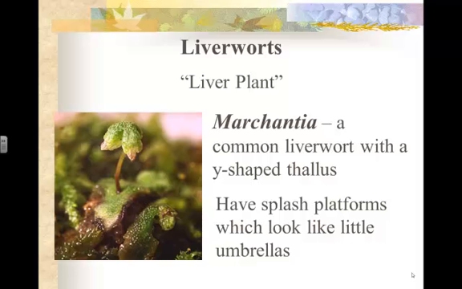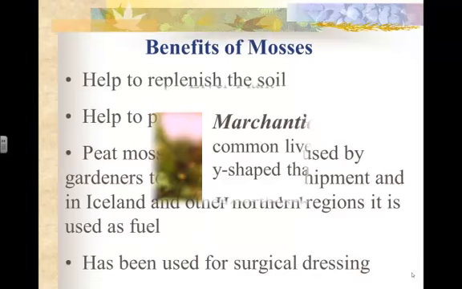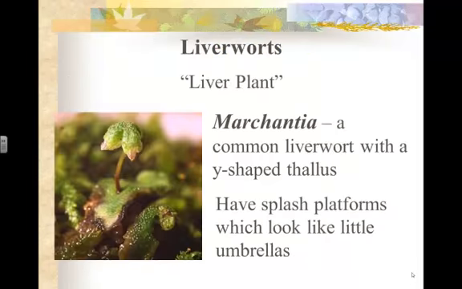So they have these unique little splash platforms. And remember the liverworts, they're shaped like a liver. You can't see that too much in the plant below, but see where that umbrella is attached? That would be like the liver lobe.